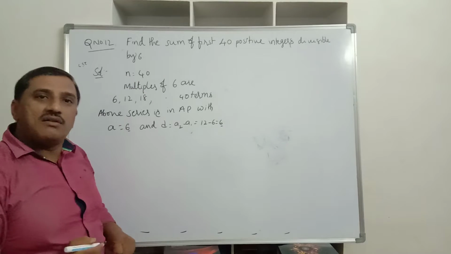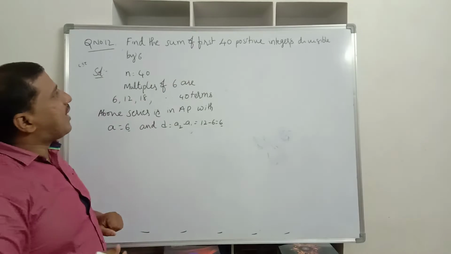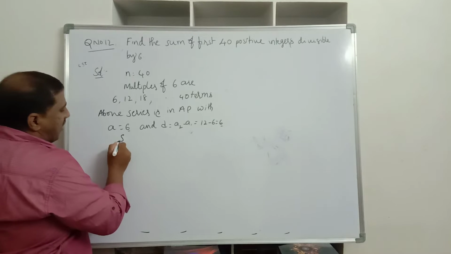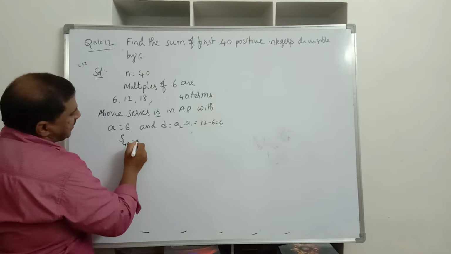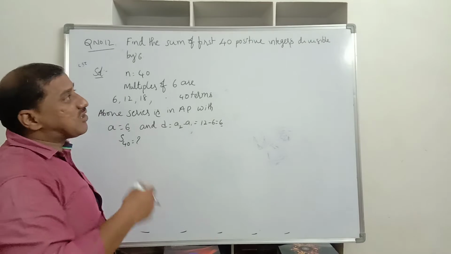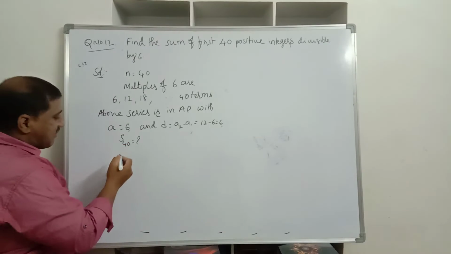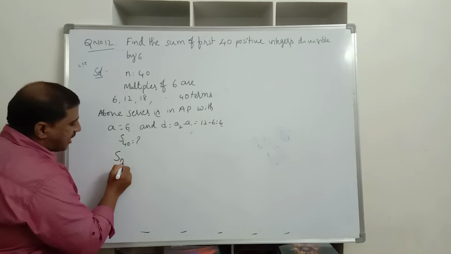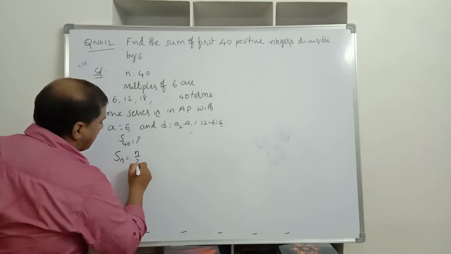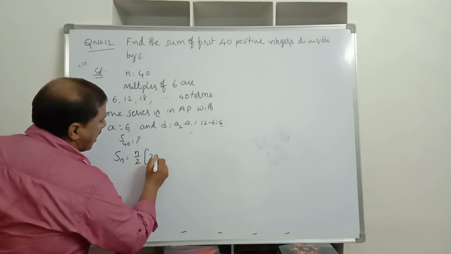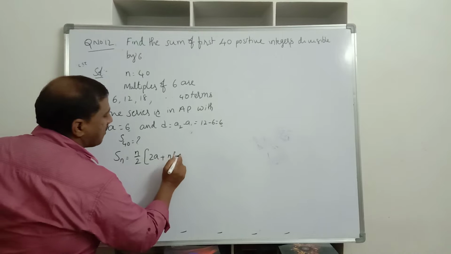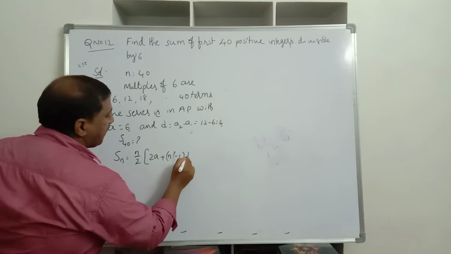Now we have a equal to 6 and d equal to 6, and n equal to 40. What do we need to find? The sum of the first 40 multiples of 6, that is S40. What is the formula to find the sum of n terms of an arithmetic progression? Sn is equal to n by 2 into 2a plus (n minus 1) into d.